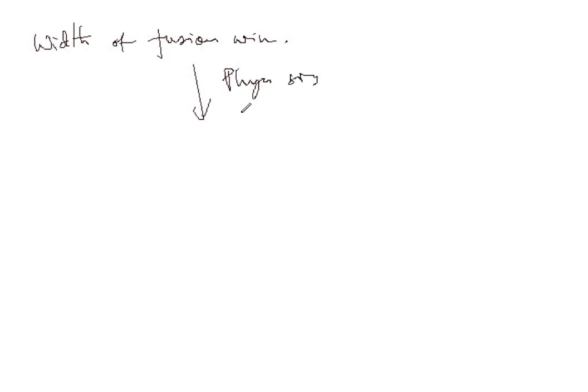So you see the width of the fusion window, which we described previously using the 1/8 term, you can see its physical significance when, say, E is equal to E0 plus minus delta by 2.